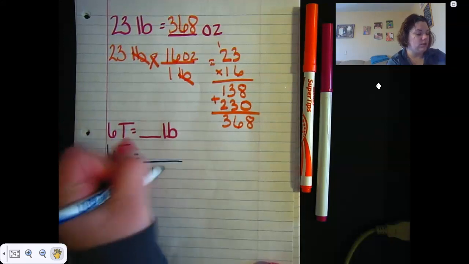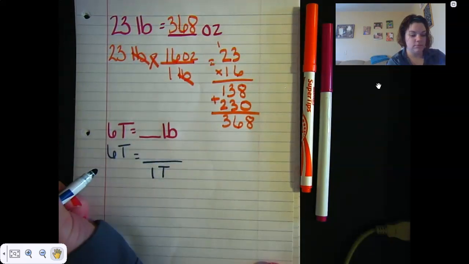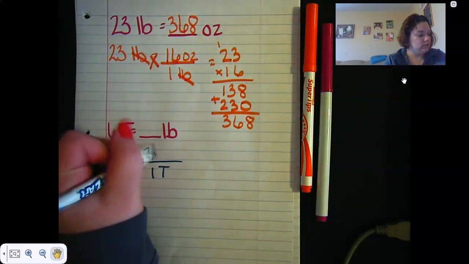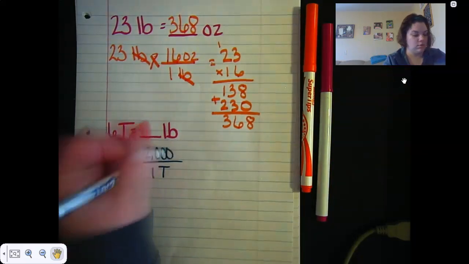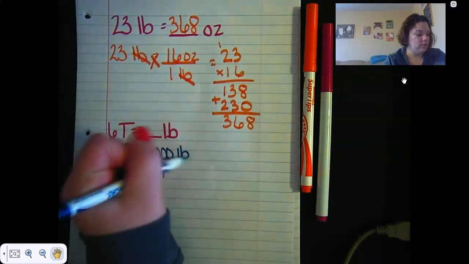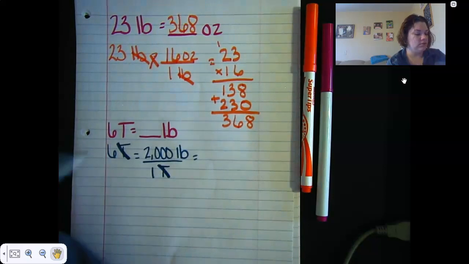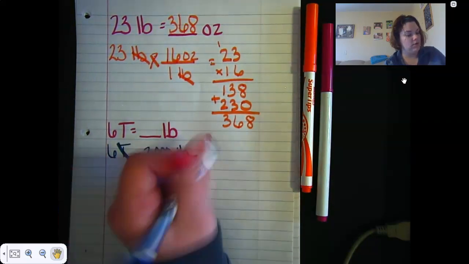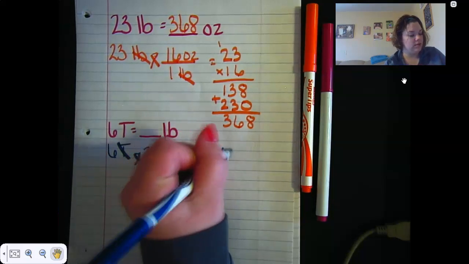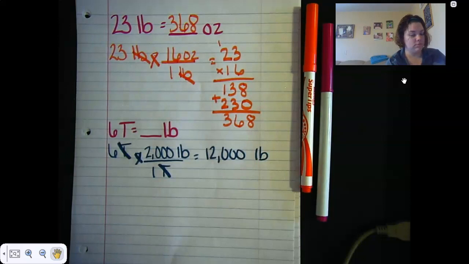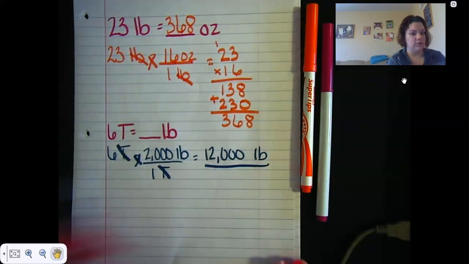We know that 1 ton, okay, equals 2,000 pounds. Okay, so cross out our tons. 6 times 2,000, which would be 12,000 pounds. That's our answer.